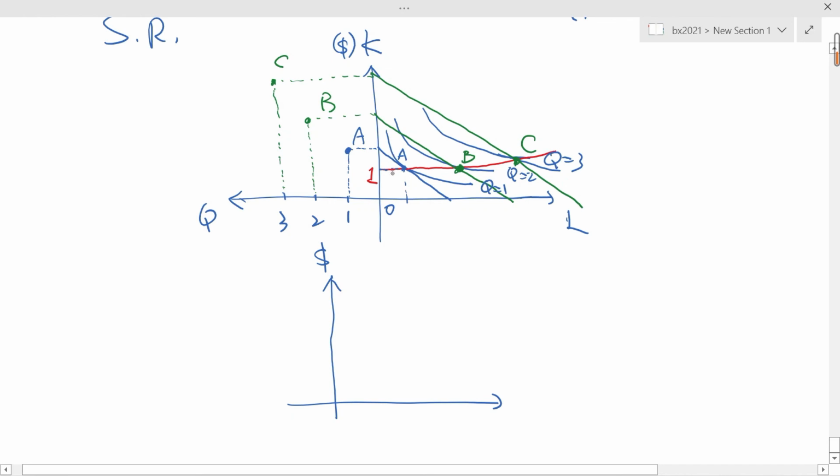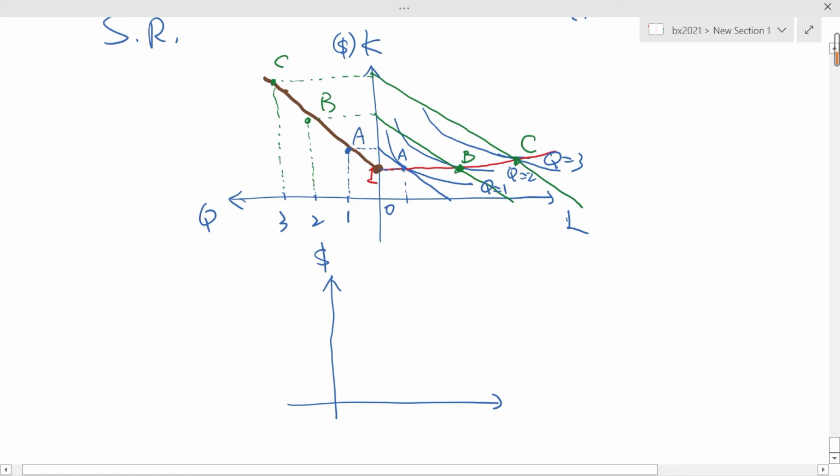So now, in the short run, even if you produce zero output, you still need to pay for the capital, 1 unit of capital, so the associated cost is this much, because you're stuck with this 1 unit of capital. So we link all these points together. That's the short run.